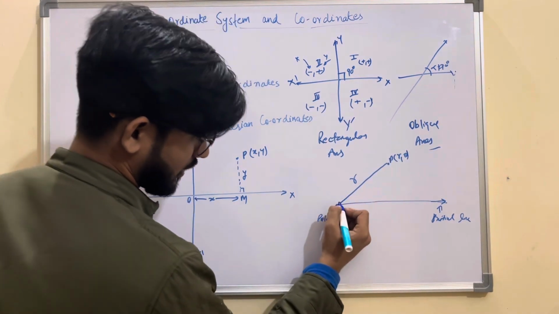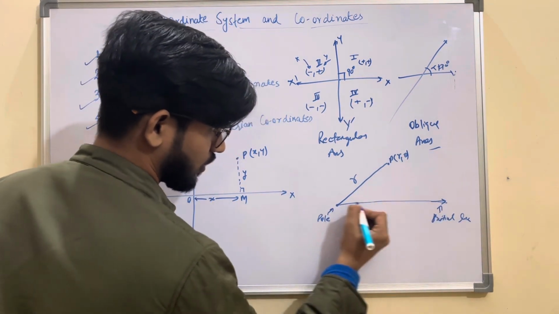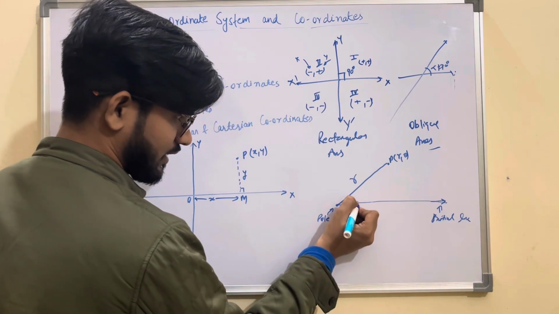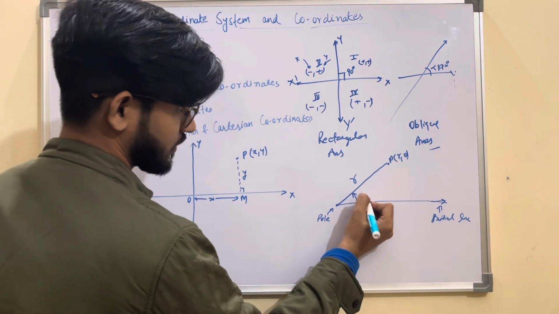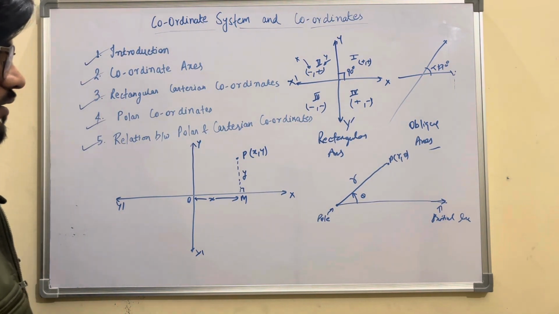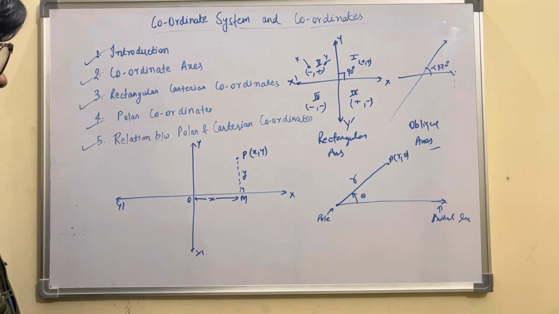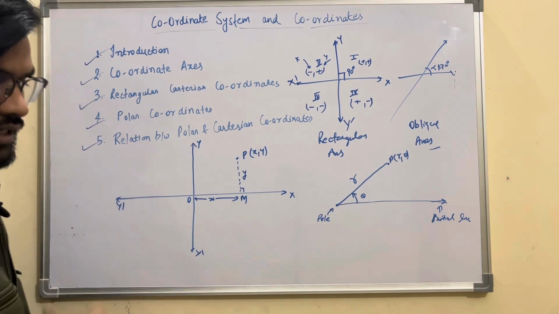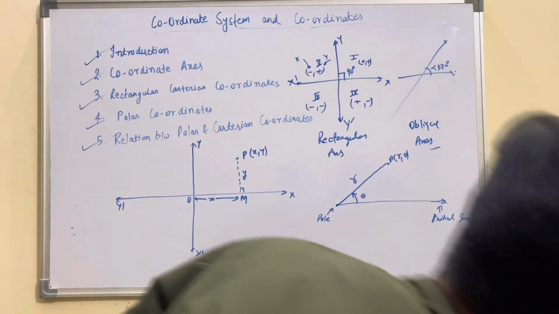Theta is the angle from the positive direction of the initial line, measured anti-clockwise. Right?